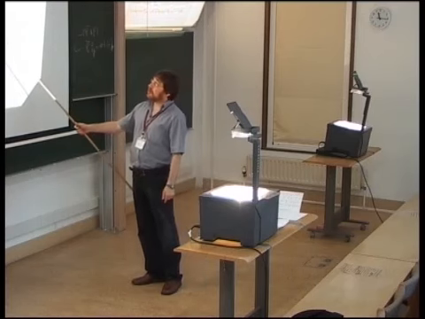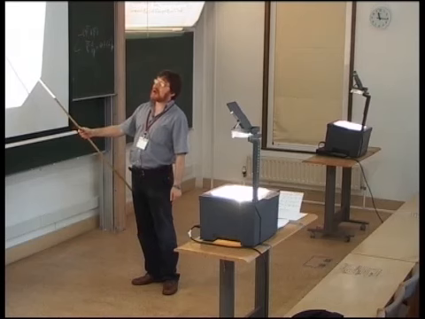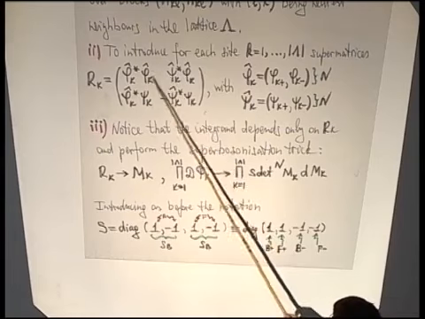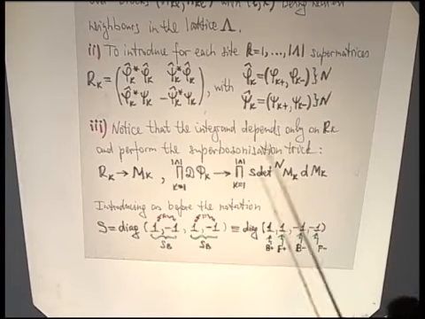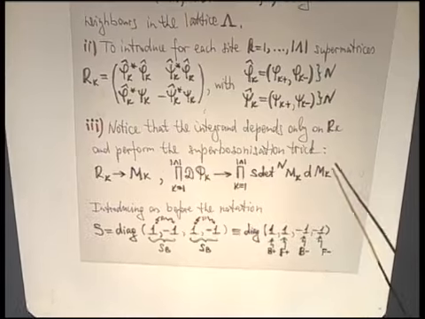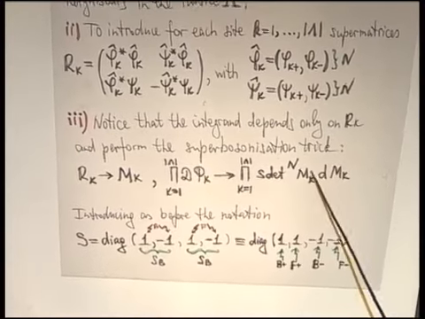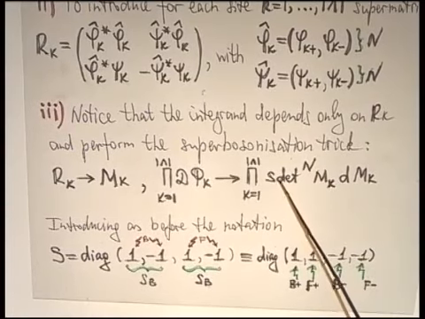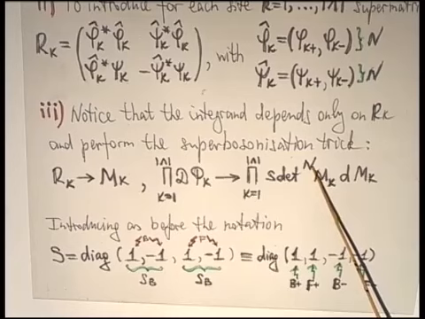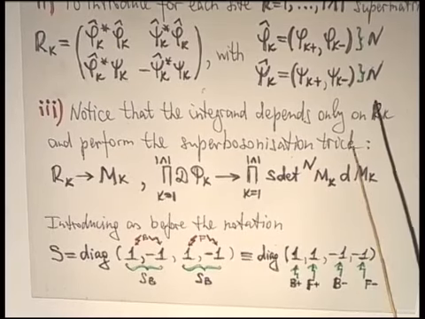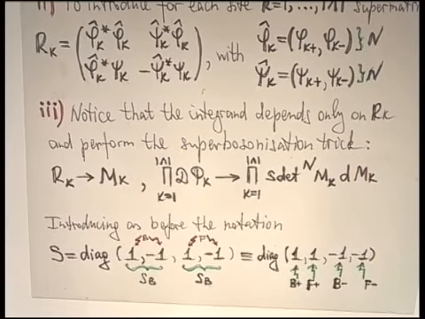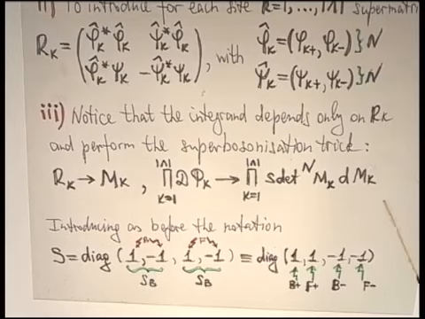And integration over the supervector made of phi_k and psi_k at a given lattice site k should be replaced with integration over the matrix M_k, but we should also supply the factor superdeterminant raised to power n, where n is the dimension of the internal space associated with every site.